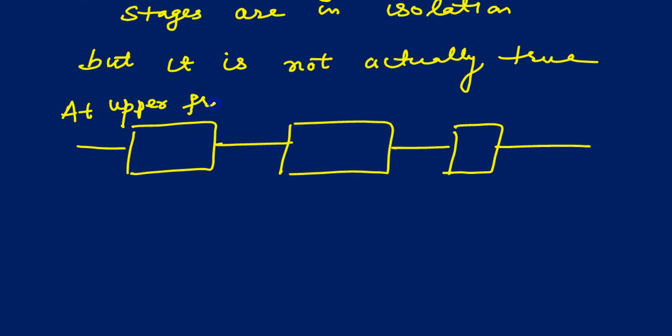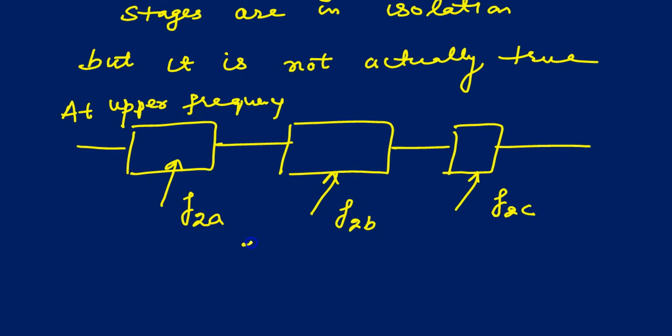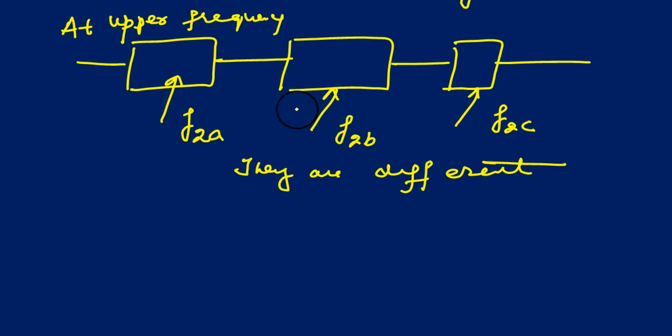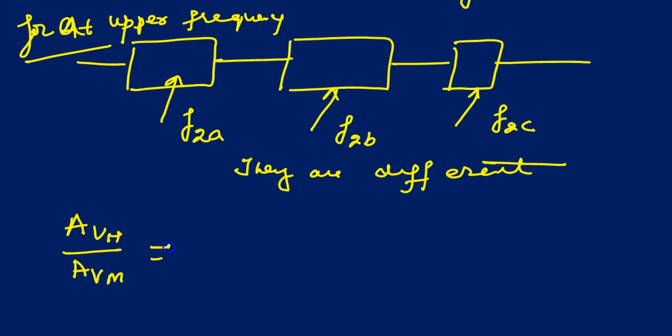But in general, if F2 is different for each stage, then the relative gain of the cascading becomes like this. Okay, fine. Thank you.